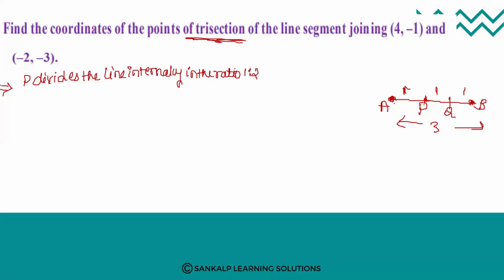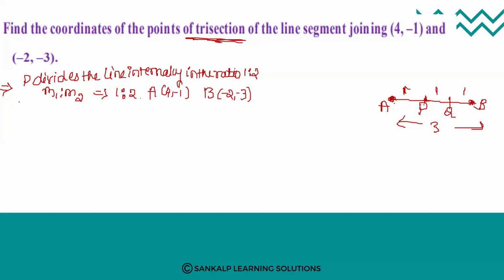That means here 1:2 is m1:m2. We are getting m1 value is 1 and m2 value is 2, right? A value is (4, -1) and B value is (-2, -3). That means this is x1, y1 and this is x2, y2.